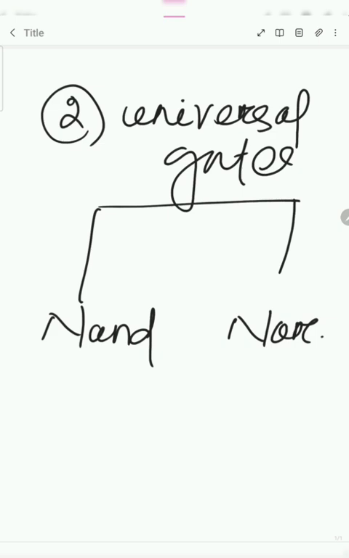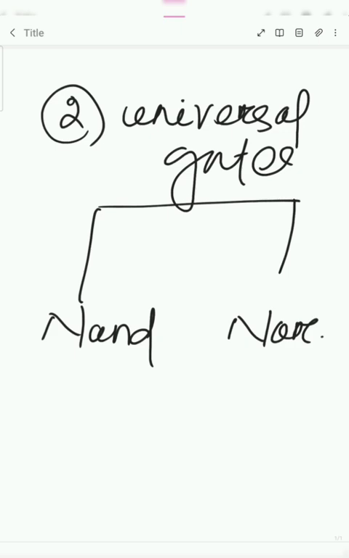We call these two universal gates because by using NAND and NOR gates we can realize all other gates. That's why we call these two universal gates.